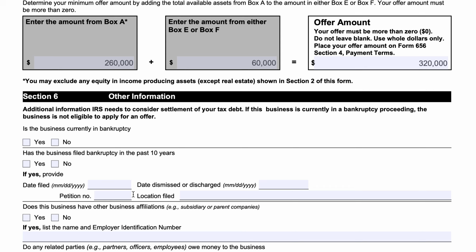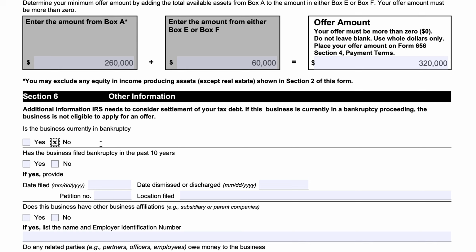So, is the business currently in bankruptcy? Yes, no, maybe so. Generally speaking, the IRS is not going to accept offers in compromise while you're going through bankruptcy proceedings, mainly because they want the certainty that they're top of the priority list when it comes to collections.